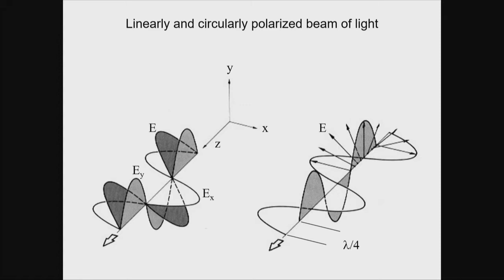It is called circular because the points you connect between the different directions of the electric field form a circle when you look down the propagation axis. These are different forms of polarization that all elude us because our eye, the photoreceptors, are not sensitive to the polarization state of light.